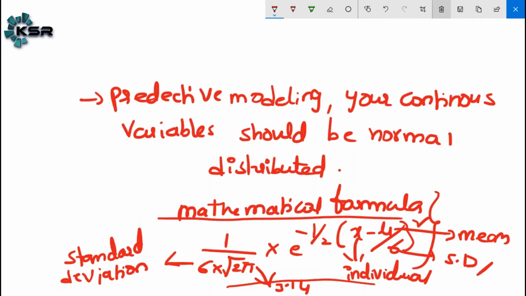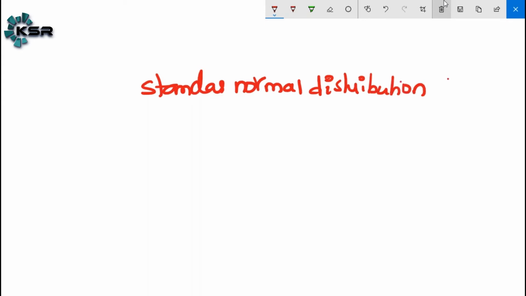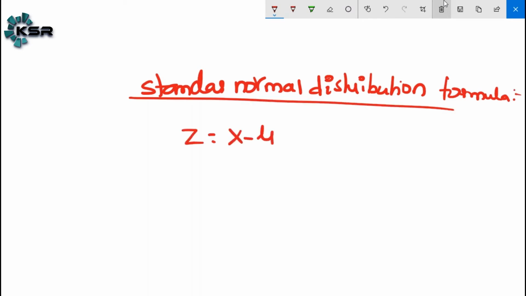We have one more formula. We are going to use the standard normal distribution formula, that is Z is equal to x minus mu by sigma.